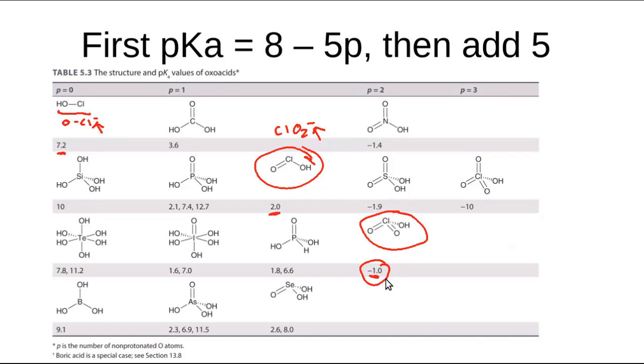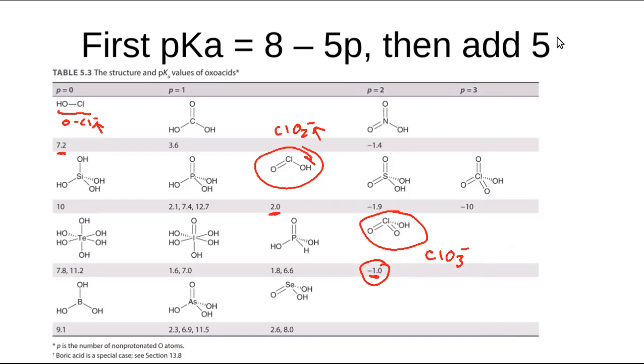The pKa is -1, but the chlorate ion should be a very, very weak base. What's the difference between hypochlorite, chlorite, and chlorate ion? It's the size, essentially. So spreading out the charge over a large ion makes it a weak base.